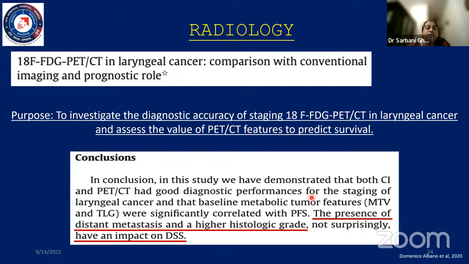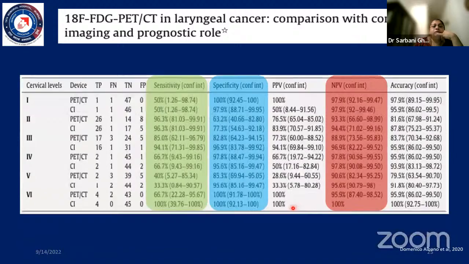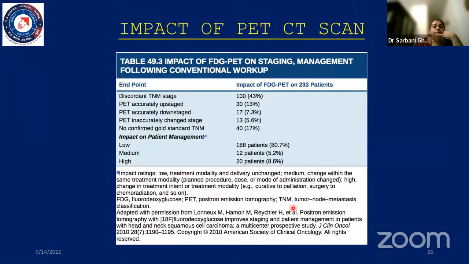And if you did detect metastasis, especially based on baseline metabolic tumor features, it could also add prognostic value. And this is the same paper again. If you look at it, the biggest value of PET CT, of course, is in its negative predictive value. And it did also tell us what level of lymph nodes it was most sensitive for detecting.